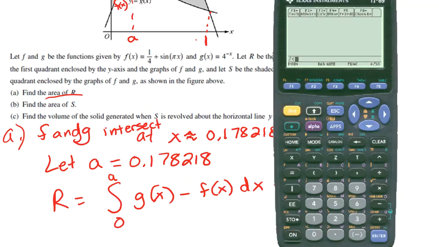And what we want to do the integral of is our y2 of x minus our y1 of x, comma, with respect to x, comma, evaluated from 0, comma, to letter A, and I haven't put that in the memory of my calculator, so I want to put 0.178218.